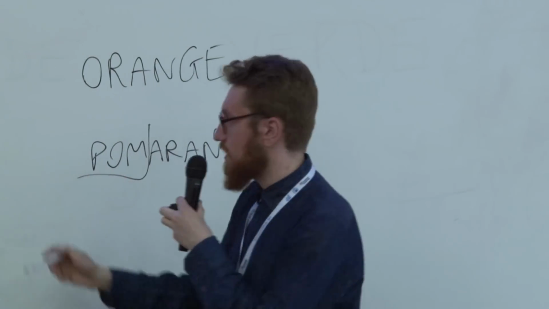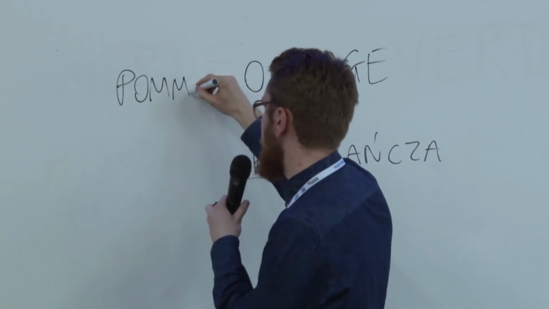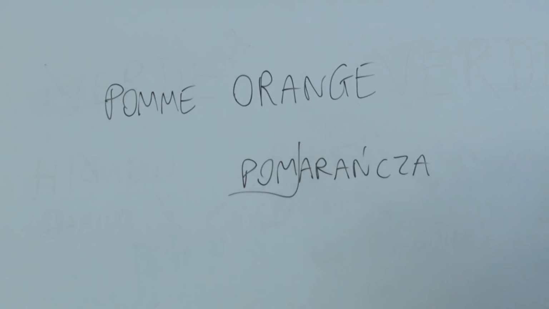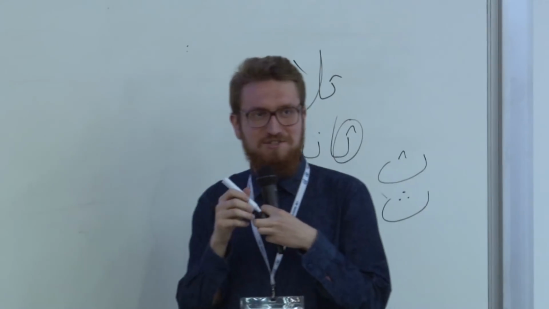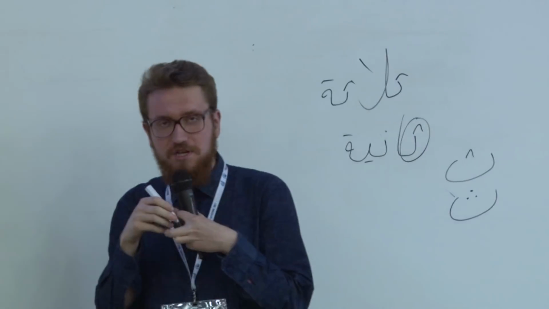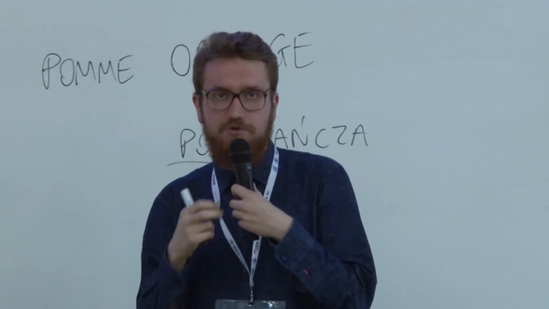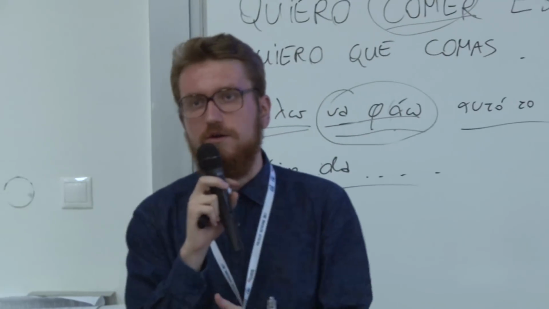What is that? That is the word for apple. So we have an apple orange, and that means orange, pomarańcza. I don't know how it actually spread, but I think the provenance of the word portokali, burtuqal, is Arabic.